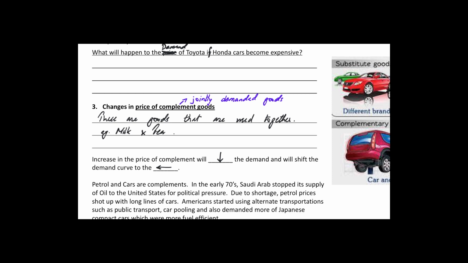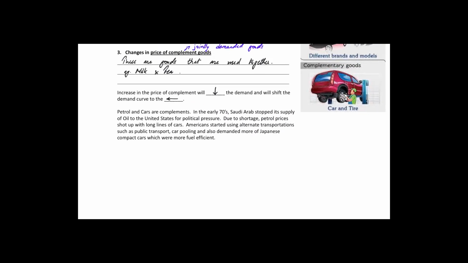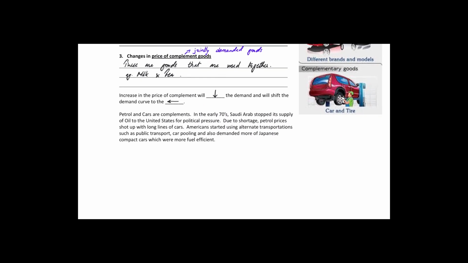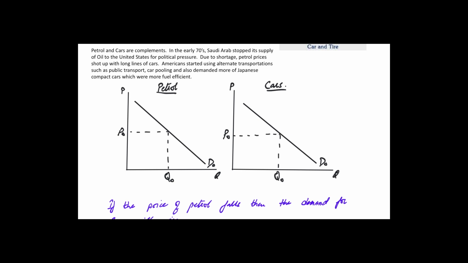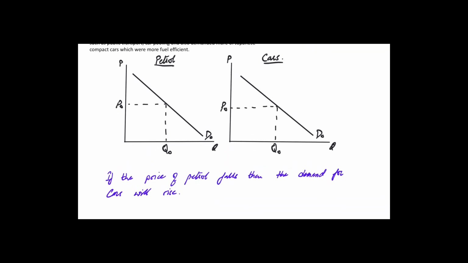So let me make a diagram. Again, you can start copying this. Number three is changes in the price of complement goods. So if there is a fall in the price of petrol, let's see what's going to happen in the petrol market. If there is a fall in the price, let's do P1 keep marking below P0 in the diagram for petrol.